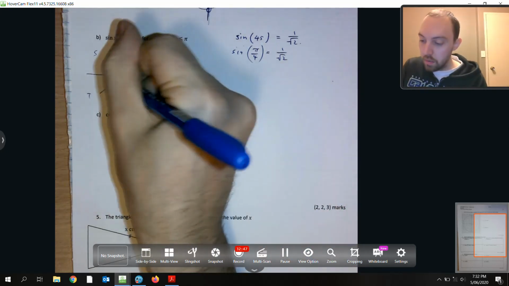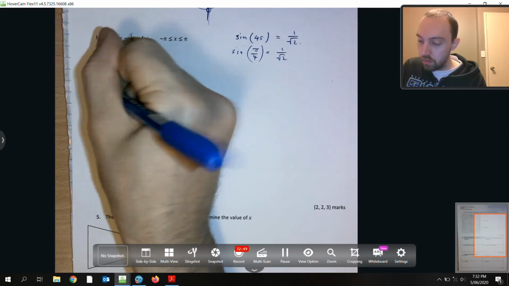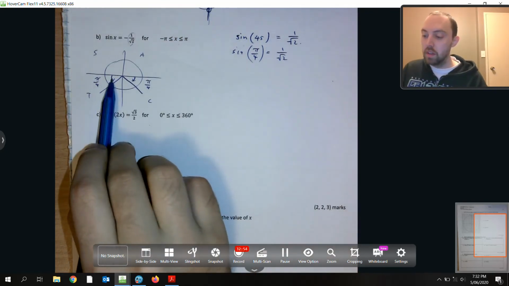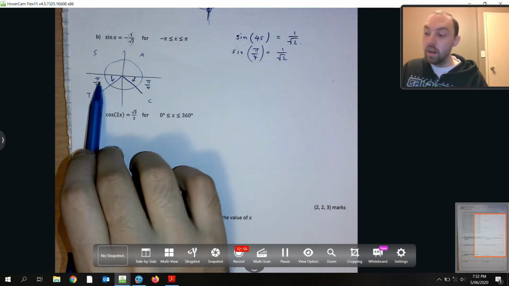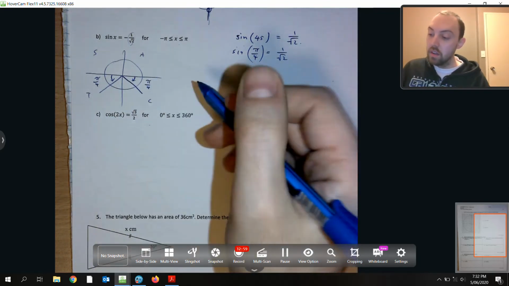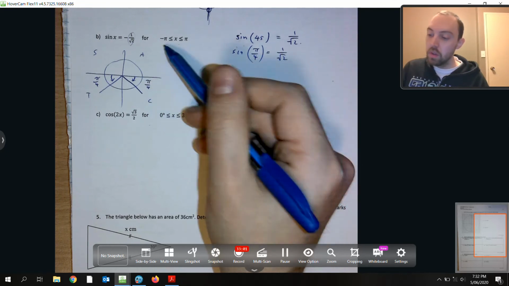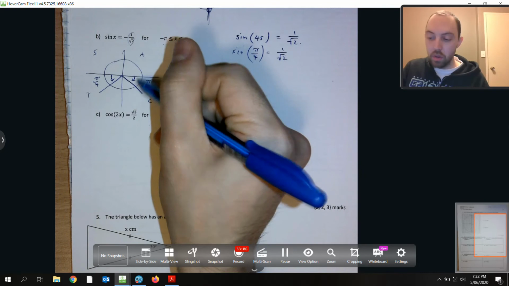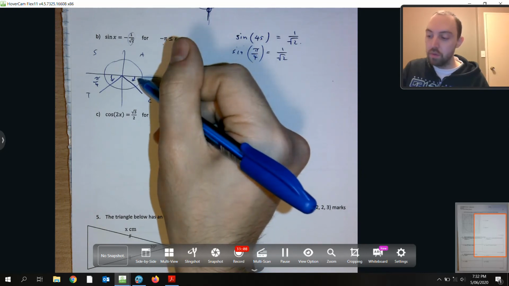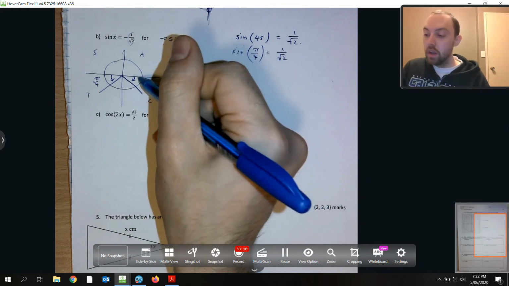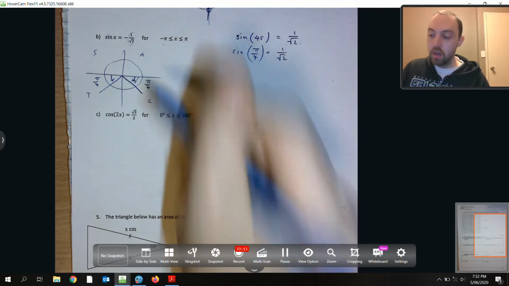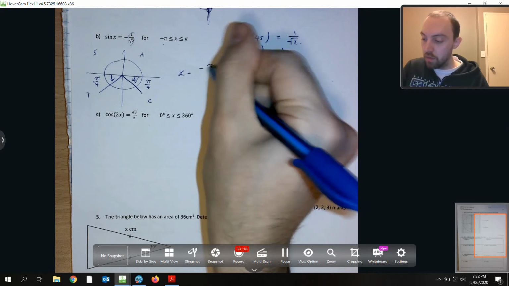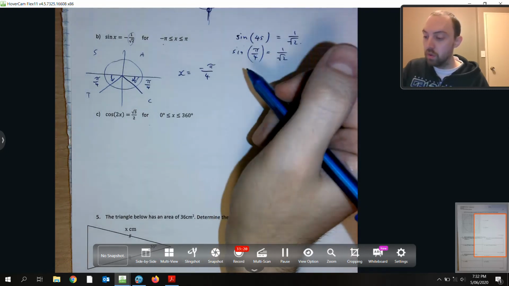Same with this one over here. Pi on 4 has to be the angle that it makes with the x-axis in order to have that height. So in this case, I could look at my diagram. Pi on 4 is 45 degrees, so negative, because I'm going clockwise rather than anti-clockwise, negative pi on 4 is one of my solutions.